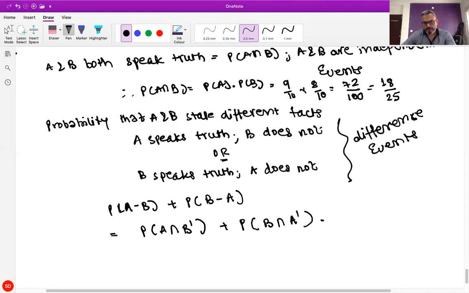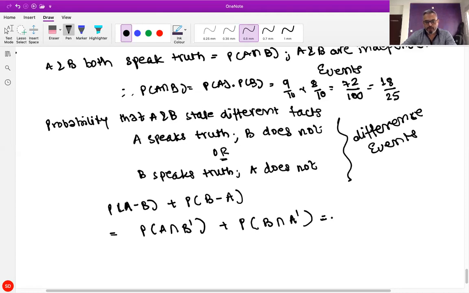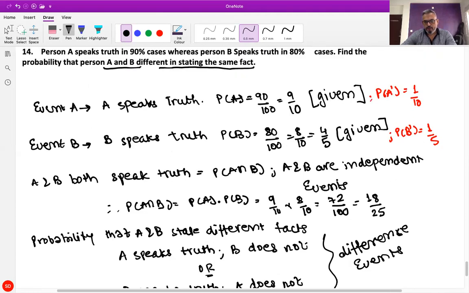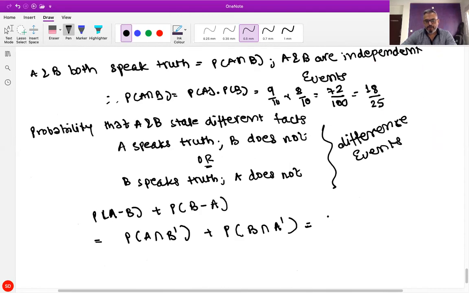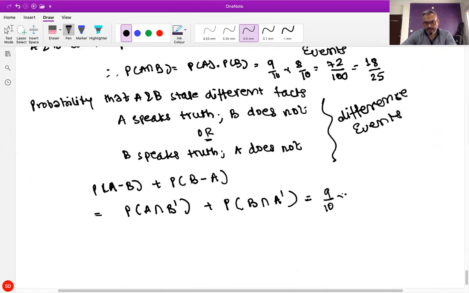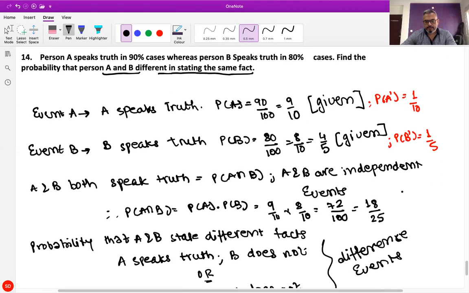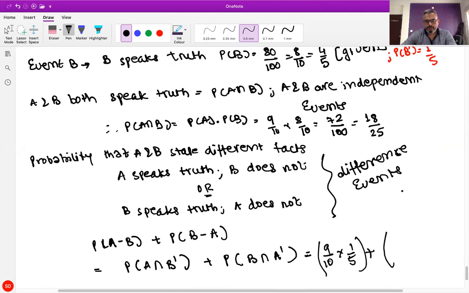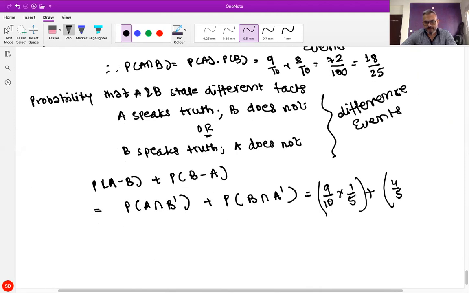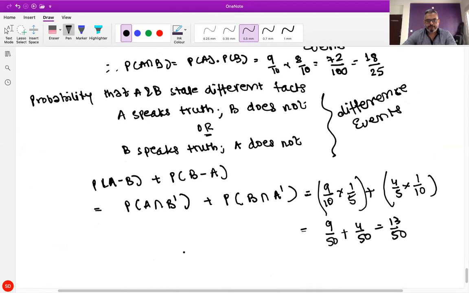So one way of doing it is this way, which is equal to A is 9 by 10, and B complement is 1 by 5. 9 by 10 into 1 by 5 plus 4 by 5 into 1 by 10, which is equal to 9 upon 50 plus 4 upon 50, which is 13 upon 50.